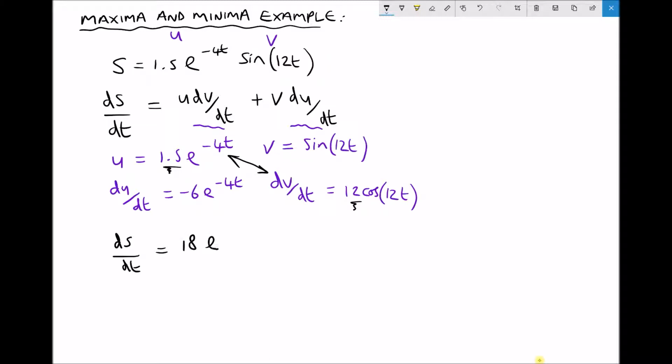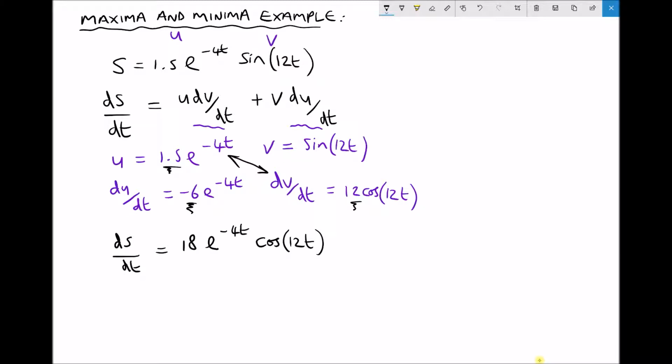So we have 18e to the minus 4t cos 12t. Now what I've written there represents u dv dt. And next, I can include v du dt. Note that at the front of du dt, we have a negative number, minus 6.